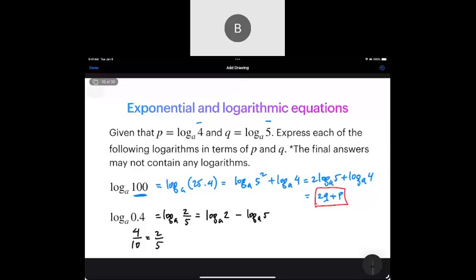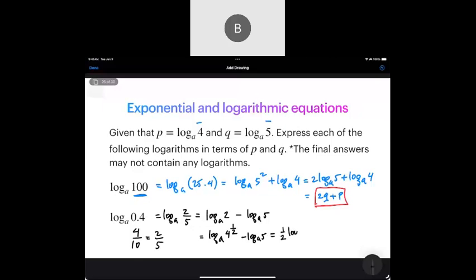Now, in the definitions, there is no log base a of 2, right? But it is quite related to 4, because 2 to the power of 2 is 4. So if we have log base a of 4, to make it into 2 we need to have half, or the root of 4, right?